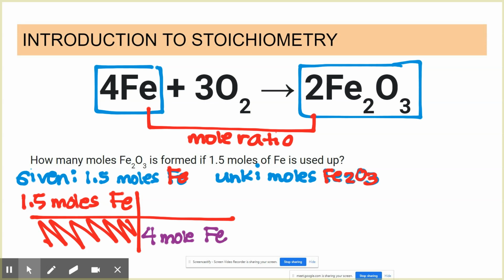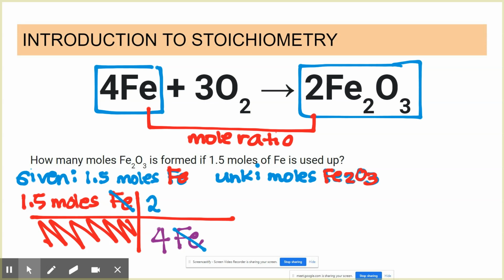I'll show you a shortcut, by the way. You don't have to write down the mole Fe in the conversion factor. So I can just write down, and this is the shortcut, 4 Fe, exactly as it shows in the equation. Why? Because if you look closely, it's going to be just the Fe that cancels out. See it?